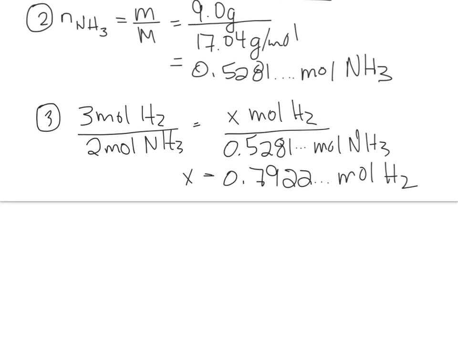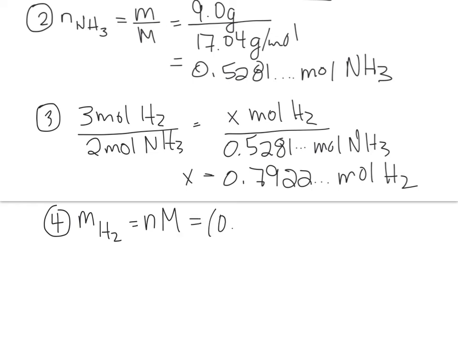Finally, we want to find the mass of the hydrogen that reacted. So in order to do that, we need to convert from moles of hydrogen to mass. So our mass of our hydrogen is going to be the number of moles times the molar mass of hydrogen.